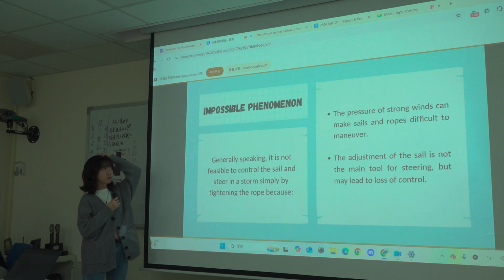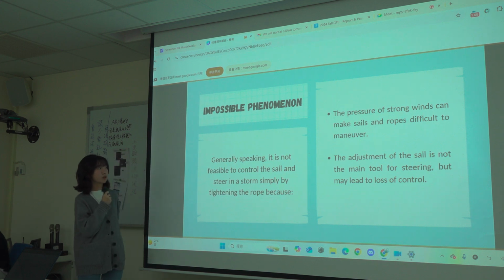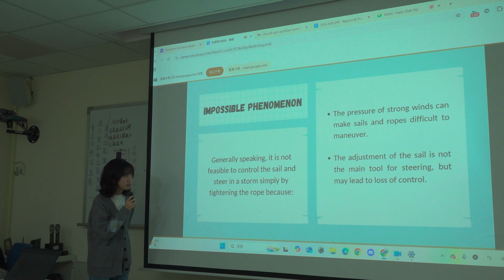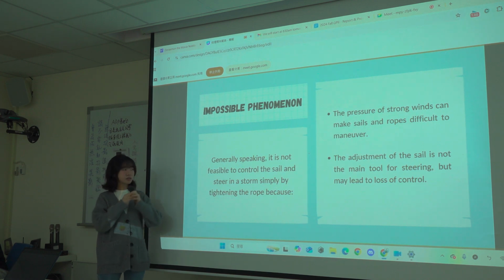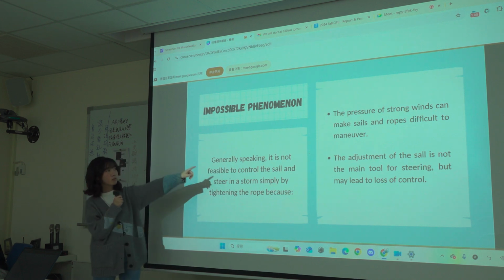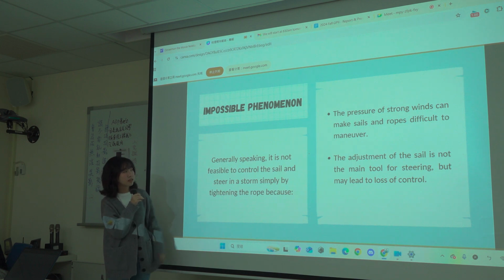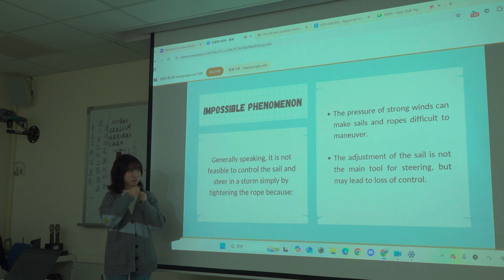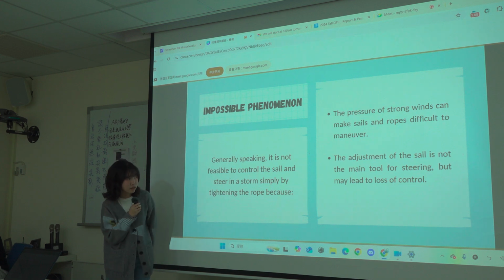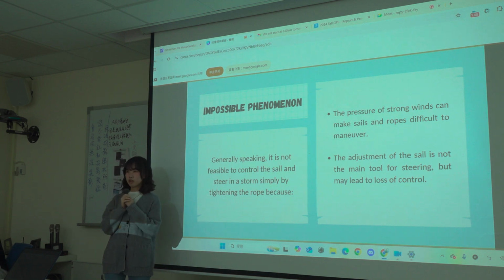It's an impossible phenomenon because generally speaking it's not feasible to control the sail and the steer in a storm simply by turning the rope, because the pressure of the storm winds can make sails and ropes difficult to maneuver, and the adjustment of the sail is not the main tool for steering, but may lead to loss of control.